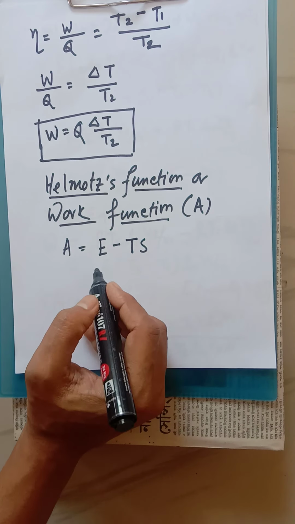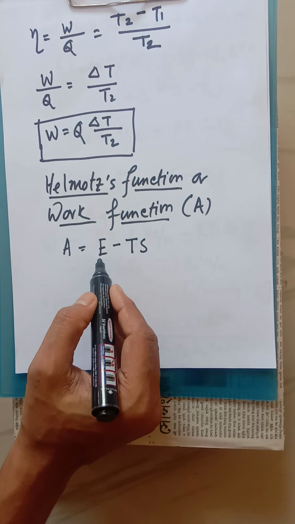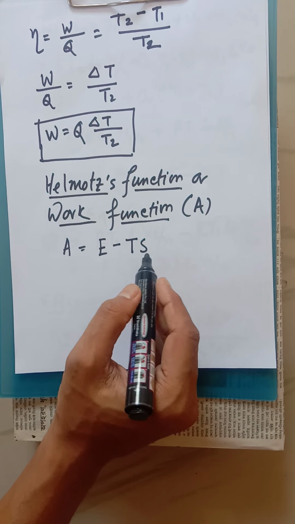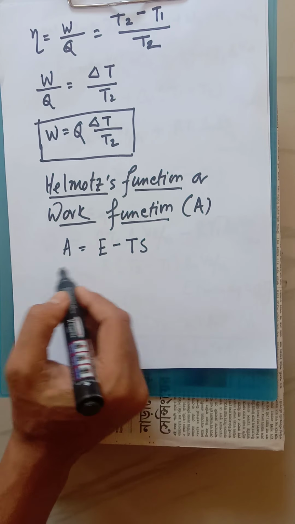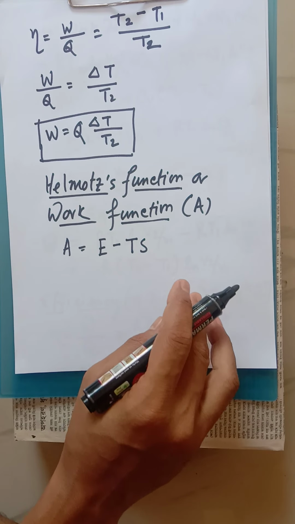I hope we have remembered: E means internal energy, T means absolute temperature, S means entropy. So this is the overall equation for the work function.